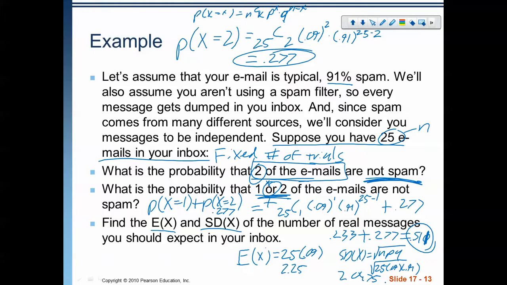So this has an average of 2.25. So out of 25 emails, I should expect to get about 2.25 of them to be real messages.